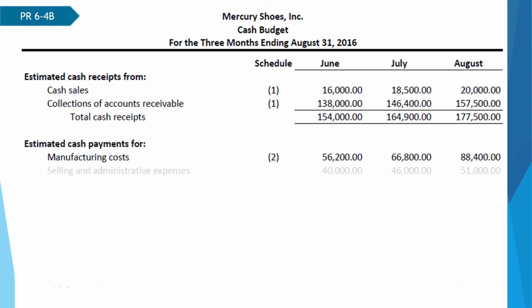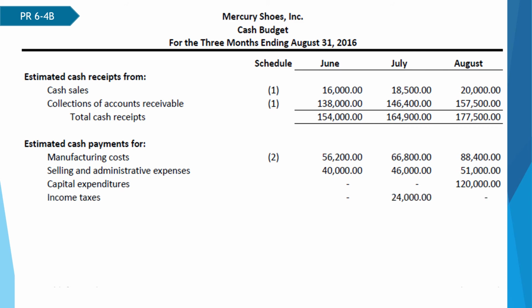Input the amounts for selling and administrative expenses after the manufacturing costs row. Next is the $120,000 capital expenditures in August. Next is the payment of $24,000 income taxes in July. Lastly, the payment of dividends in August, which is $15,000.